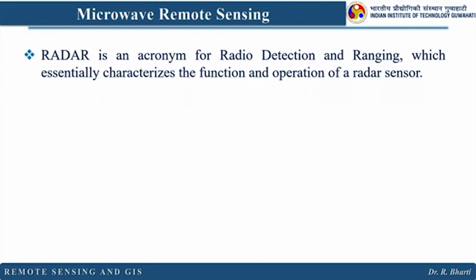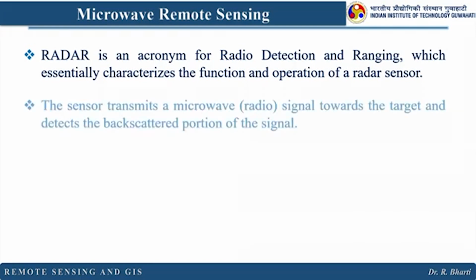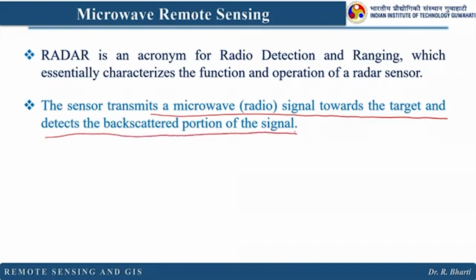Radar is an acronym for radio detection and ranging, which essentially characterizes the function and operation of a radar sensor. The sensor transmits a microwave signal towards the target and detects the backscattered portion of the signal.